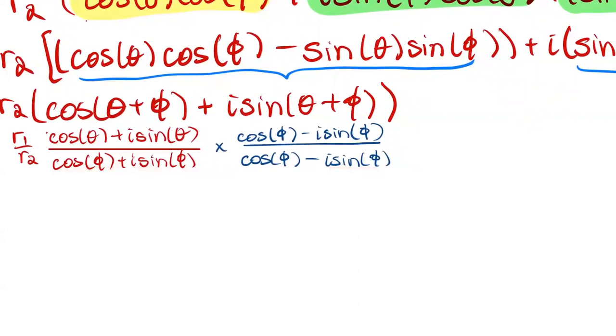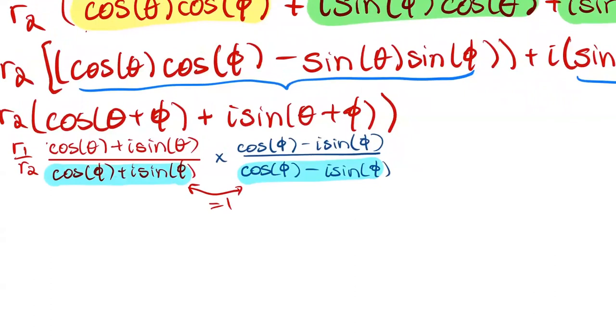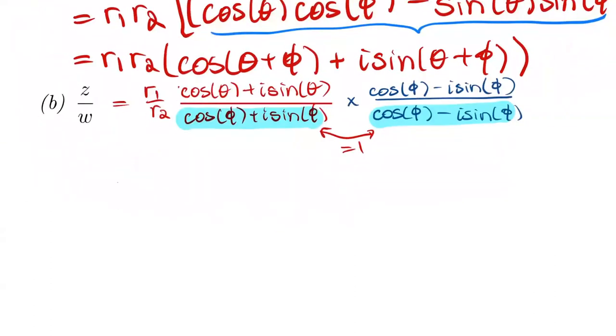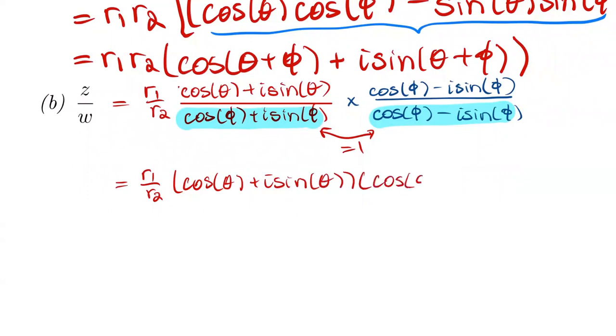So this denominator part is all going to equal 1. Okay, so that means we don't really have to worry about it. So we just have to work with the numerator. So that means R1 divided by R2, we just have cos theta plus I sine theta times cos phi minus I sine phi.